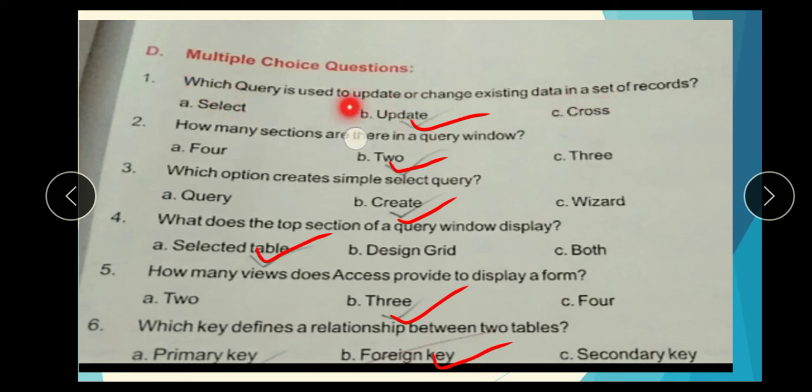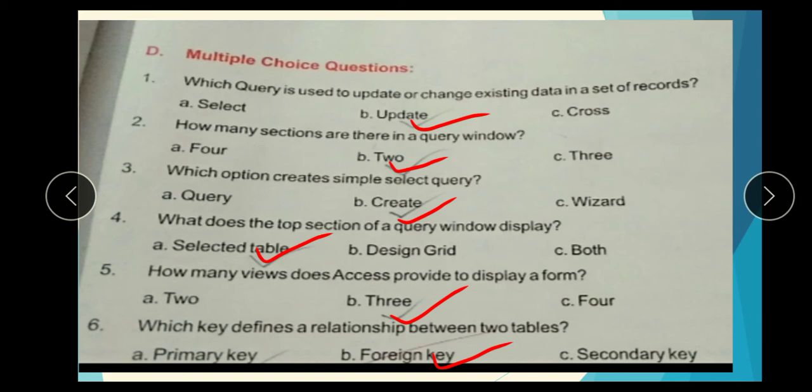The correct option is update. Update query is used to update or change data of an existing table. Question number 2. How many sections are there in a query window? Options 4, 2, 3. The correct option is B, 2, because the query window has two sections, top section and bottom section.